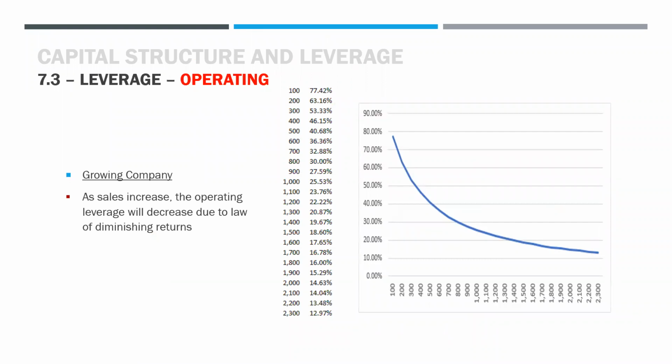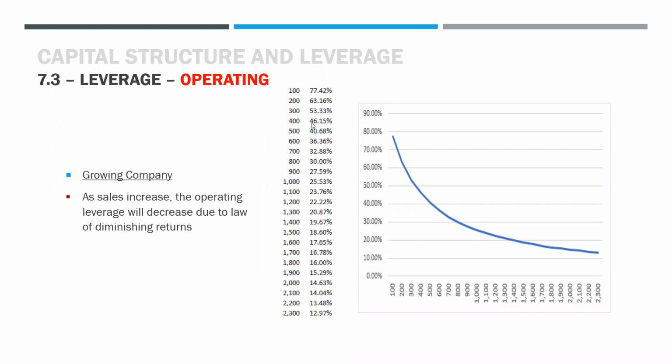So growing companies, operating leverage actually decreases as time goes along and as sales increase. So these would be like your sales volume on the left and your leverage to the right.